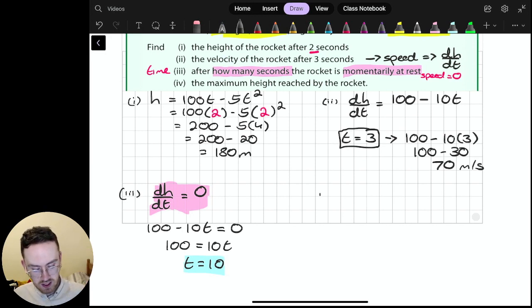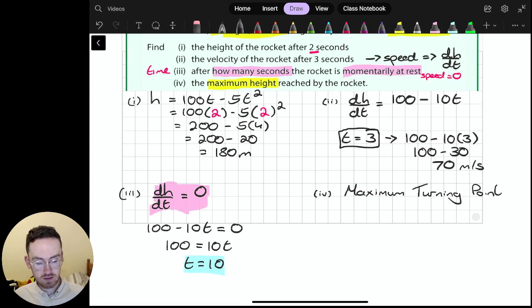Part 4 now says find the maximum height. The maximum height should bring back to us the idea of turning points. Okay, so remember, at a maximum turning point, what do we know?